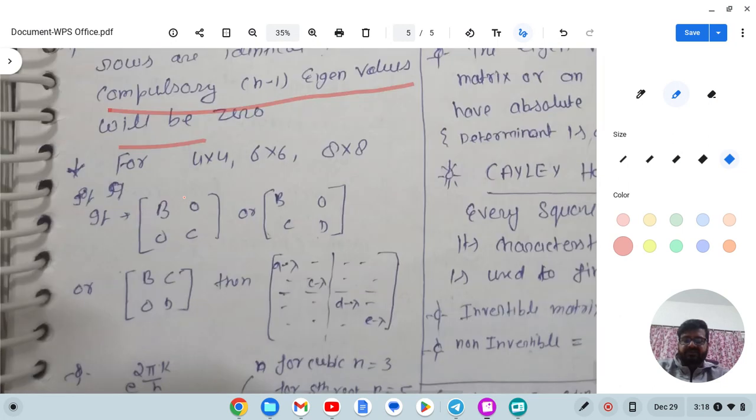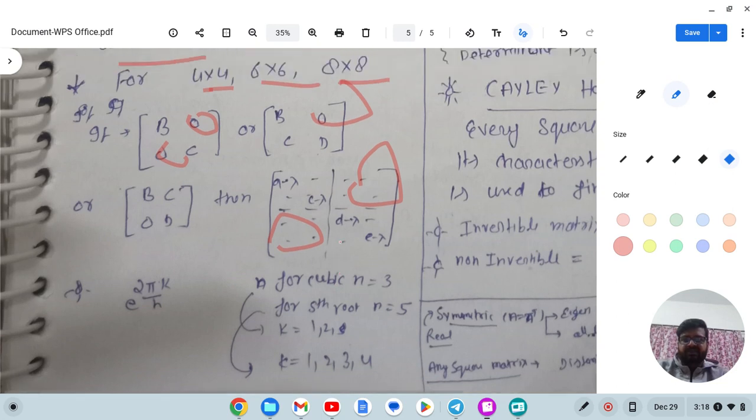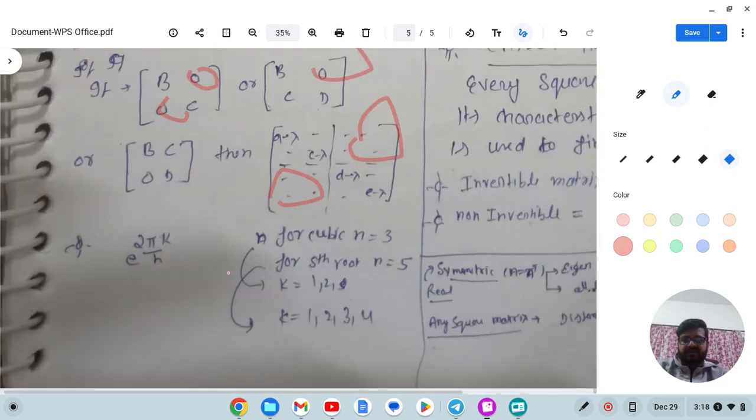If there is a 4 by 4 matrix, meaning order more than 3 by 3, a 4 by 4 matrix, 6 by 6 matrix, or 8 by 8 matrix, in which these terms are 0, or a single term here is 0, then we can write them this way.